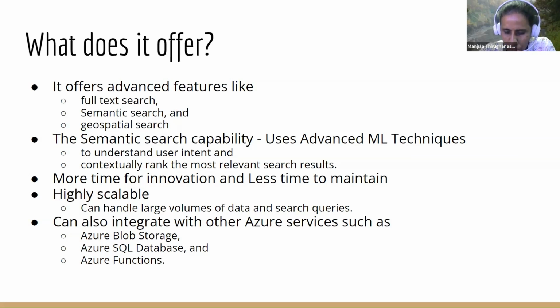The results are also shown relevantly, so it contextually ranks the most relevant search results. The developers can spend more time on innovation and less time on maintenance. It's highly scalable, can handle large volumes of data and search queries, and it can also integrate with other Azure services such as Azure Blob Storage, SQL database, and functions.